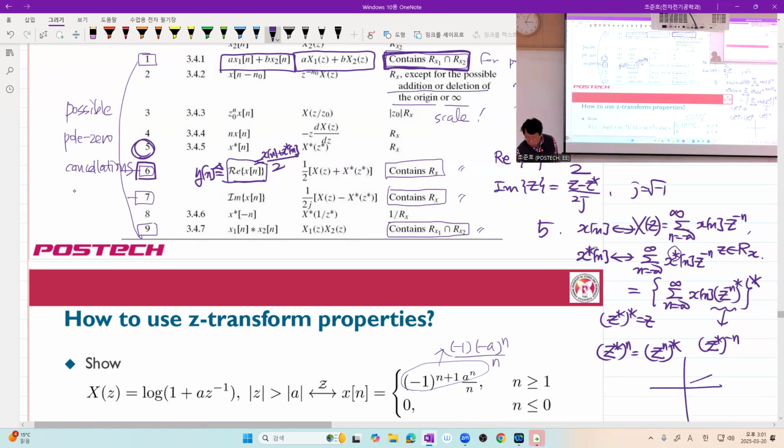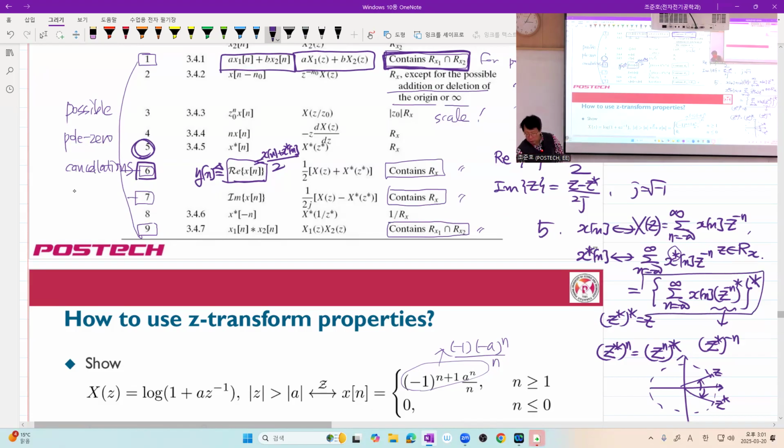Z and Z conjugate have the same magnitude, but with opposite angle. What does that mean? They lie on the same circle with the same radius. And you know that from the Z transform property, if some point is in the region of convergence, then if you draw a circle, then all the complex numbers are in the region of convergence. What does that mean?